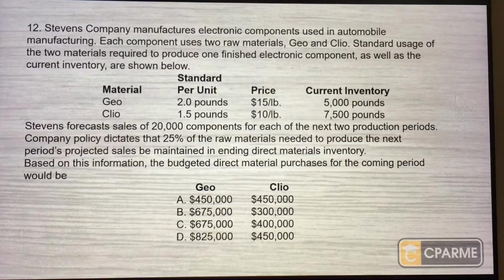So how could we do that? Since the units to be sold are given, 20,000 each, and there's no production or target ending inventory or beginning inventory given except the raw materials needed to produce, we just need to multiply first the 20,000 components for Geo at 2 pounds, and then Clio 20,000 times 1.5 pounds.